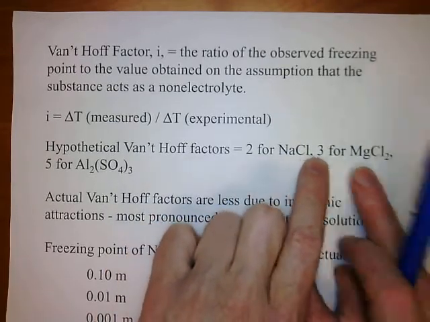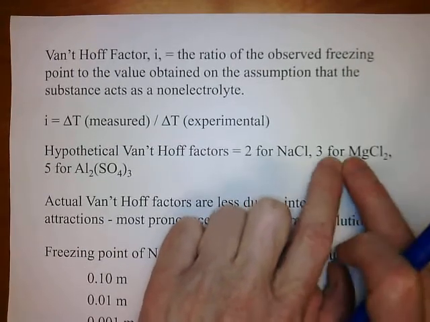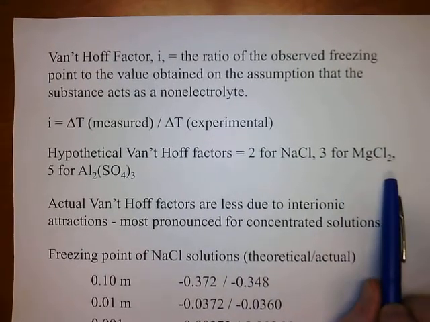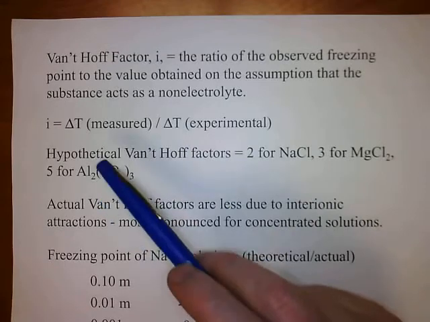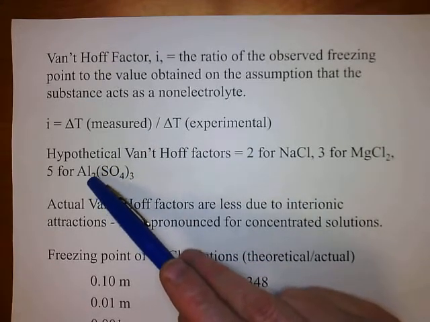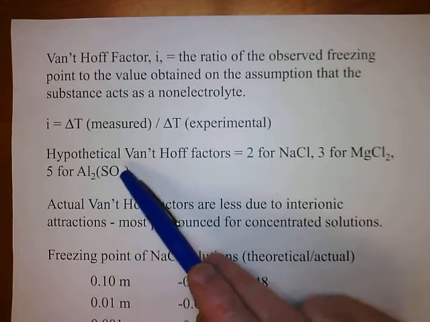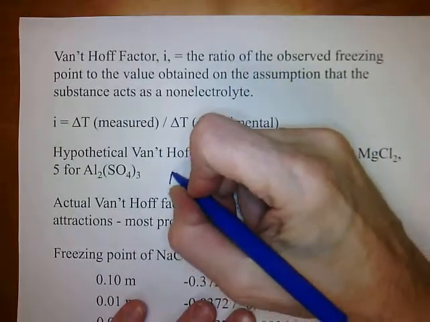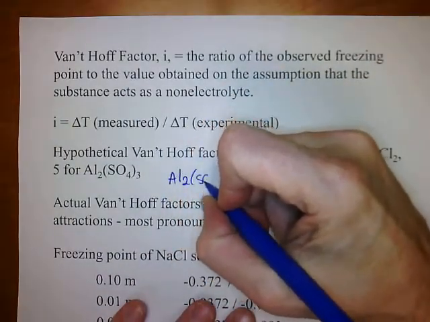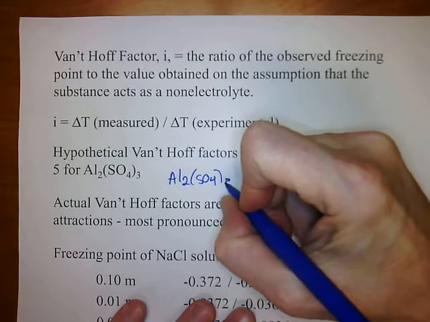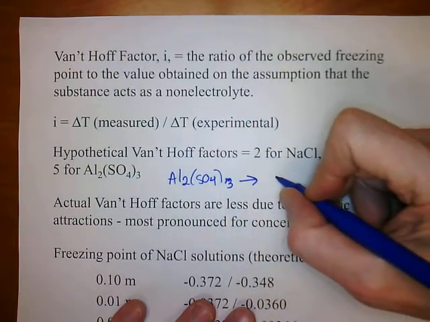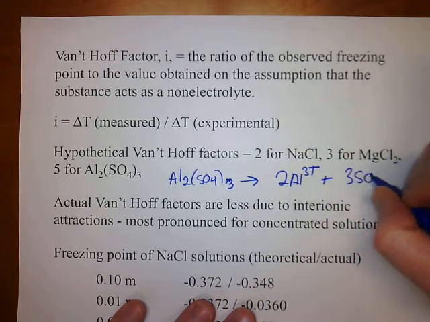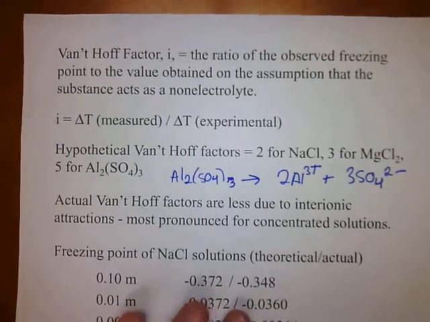It would be 3 for magnesium chloride, because you would get 1 magnesium and 2 chlorides, and it would be 5 for aluminum sulfate, because your aluminum sulfate would dissociate into 2 aluminum ions and 3 sulfate ions. Okay.